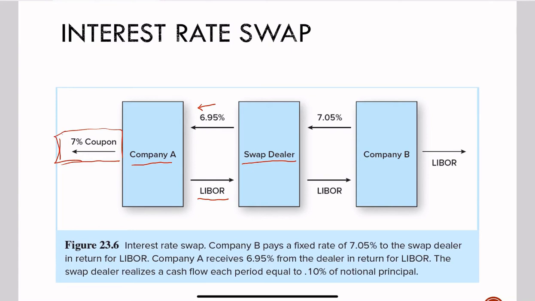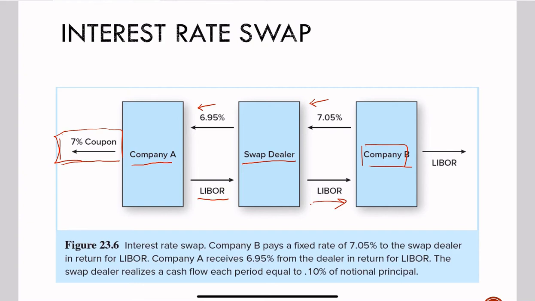Now, let's look at firm B. Now, firm B also wants to enter agreement with the dealer. In this case, the firm would actually pay a fixed rate to the dealer, and the dealer will pay this LIBOR rate, this market rate, to firm B.